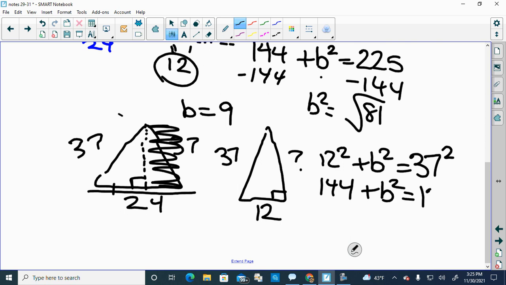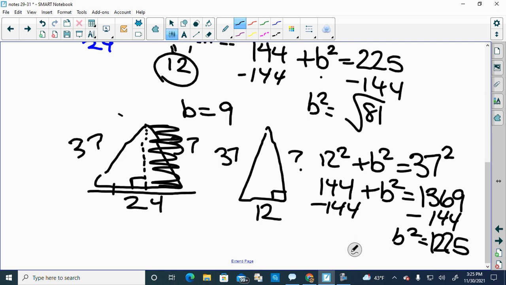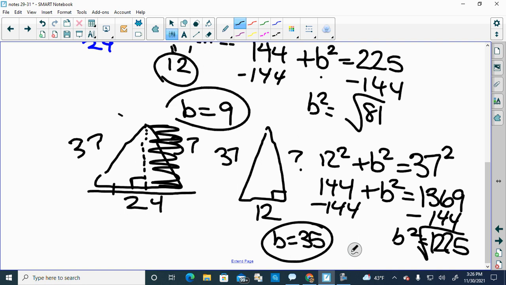Then 37 squared, subtract my 144 over to the other side to get my b squared. And my b squared is 1,225. But I want b, so I would take the square root of that. So b is 35. Now I have my 9 and I have my 35.